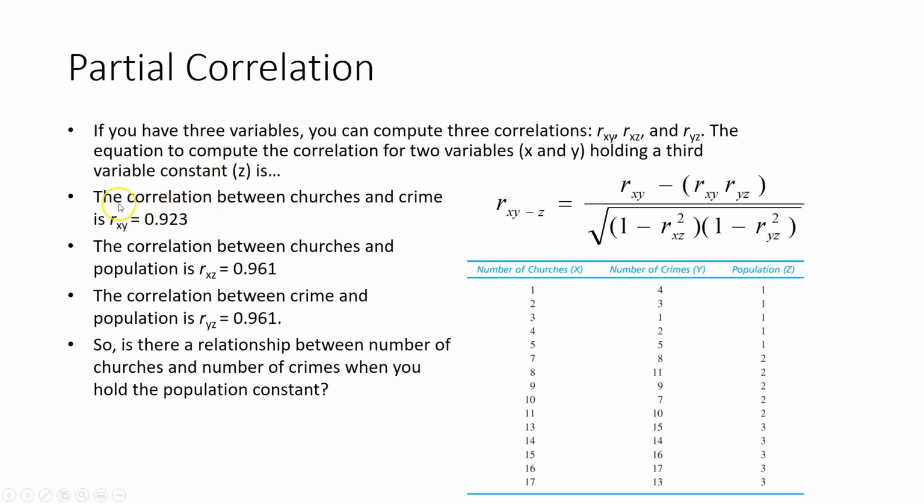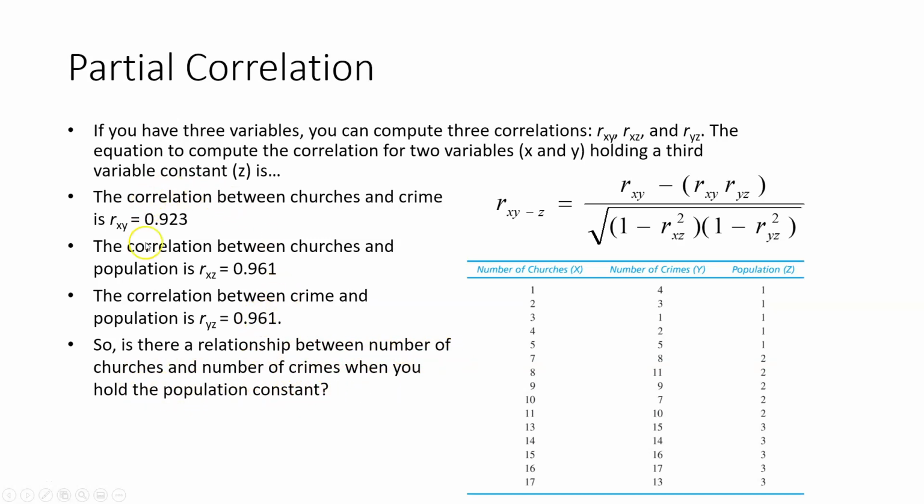So, in this example, the correlation between churches and crime is 0.92. The correlation between churches and population is 0.96. And the correlation between the final 2, crime and population, is 0.96. So, is there a relationship between the number of churches and the number of crimes when you hold the population constant?